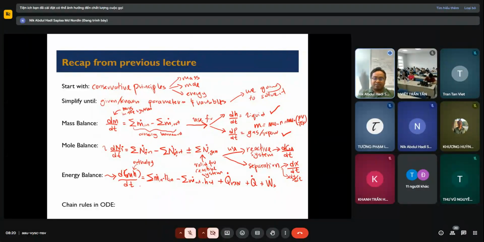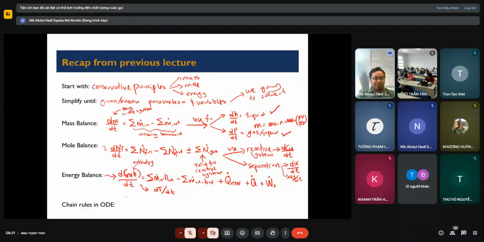This energy balance, typically we simplify until it shows us the change in temperature over time. So that is the three conservation principles that we'll be using extensively in the modeling of our process.